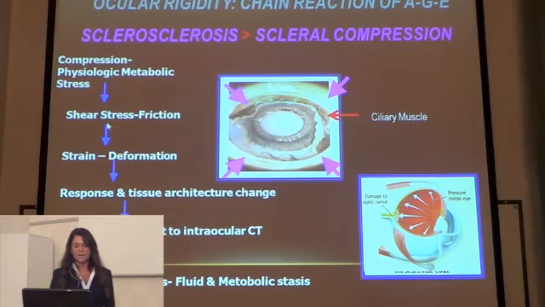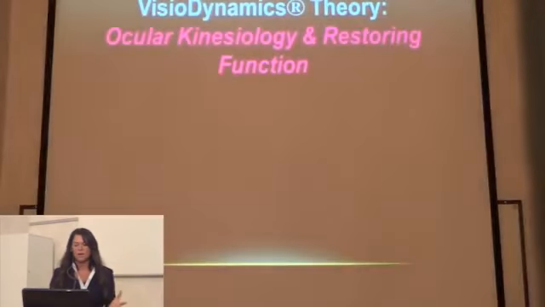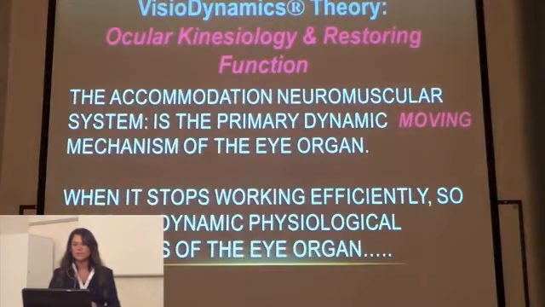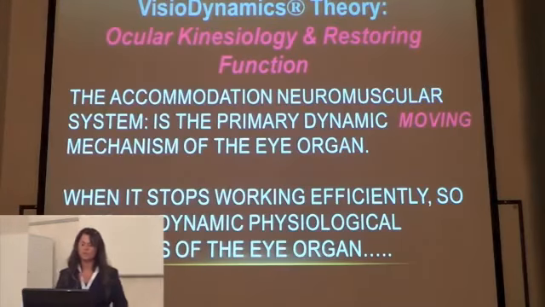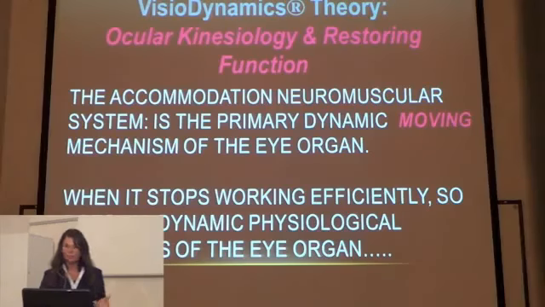It goes through this cascade, a vicious circle of compression, physiological stress, hypoxia. Your architecture changes, you have a load on the coat, your intraocular pressure and the homeostatic mechanisms react to that, and you have stress. So how can we understand ocular kinesiology, the movement function of this whole system, and restore it?